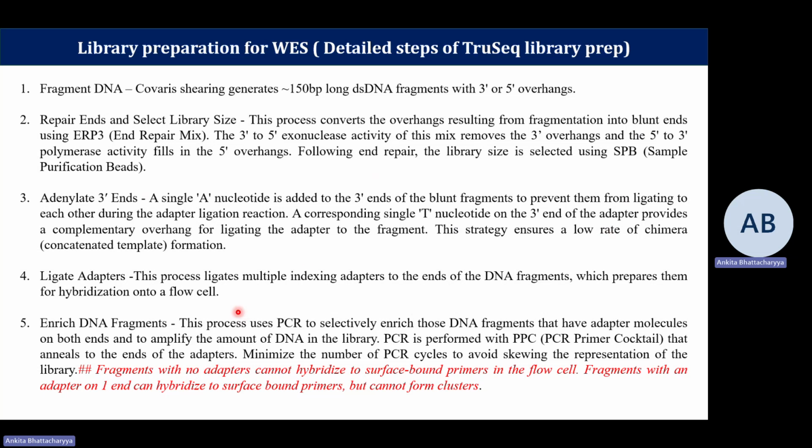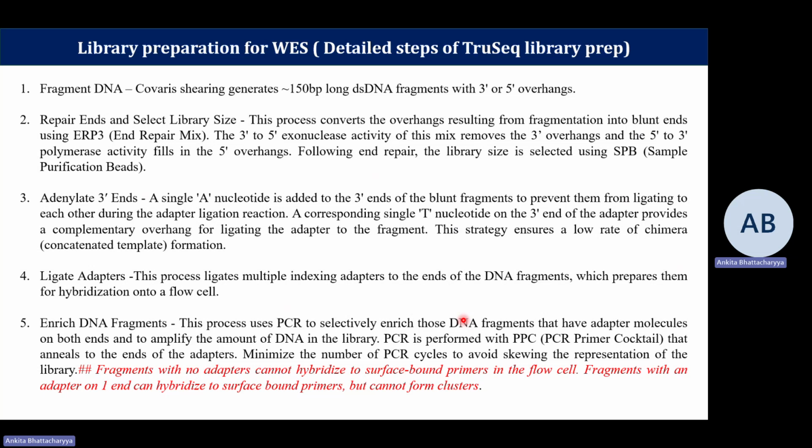Following this, you ligate your adapters. You ligate multiple indexing adapters to the ends of DNA fragments, which prepares them for hybridization onto a flow cell. Then you enrich for DNA fragments using PCR to select for only those DNA fragments that have adapter ligated. And then you amplify the amount of DNA which is present in your library.